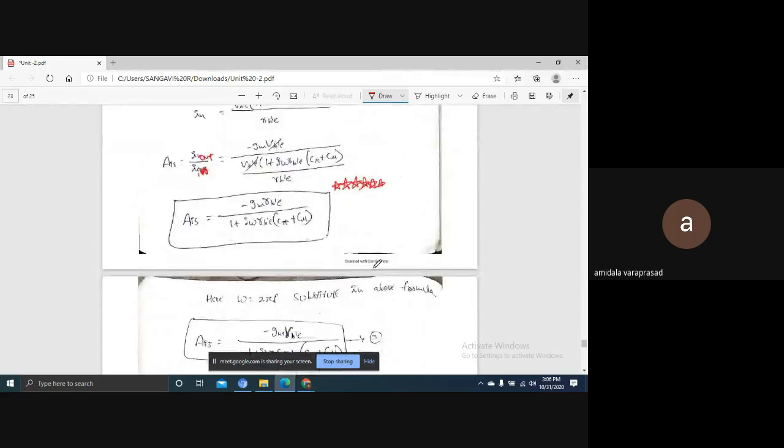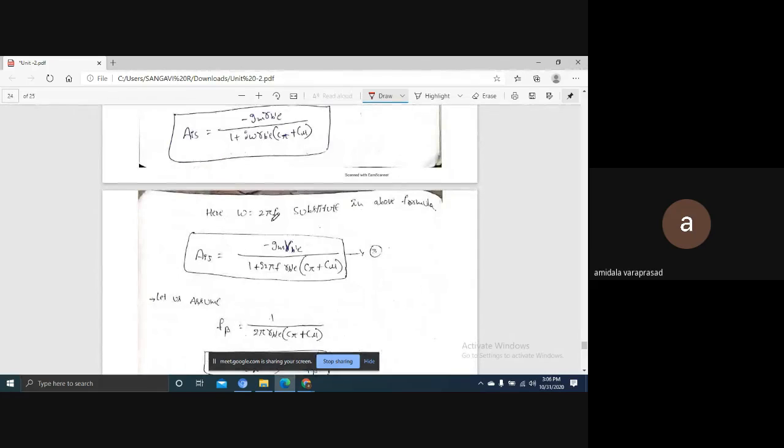Here omega is there, sorry, not W. In place of omega, if you substitute 2 pi f in the above formula, I will get minus GM into RB dash by 1 plus j into 2 pi f RB dash e into (C pi plus C mu).